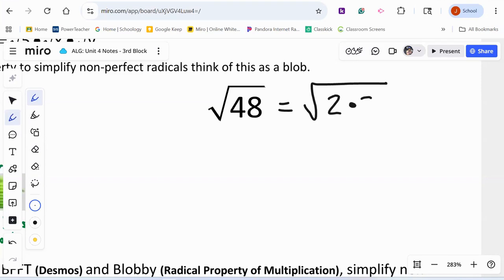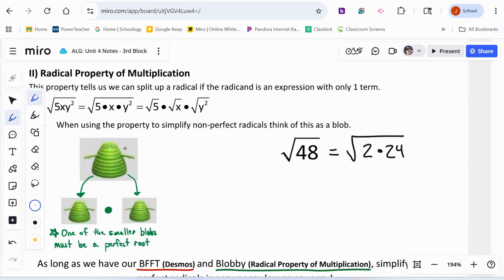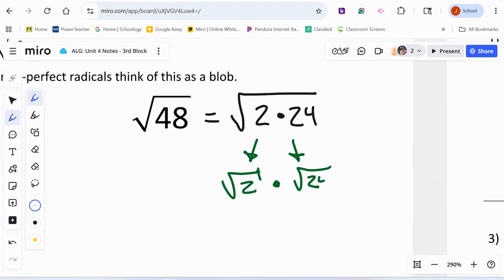And now our Blobby principle, the radical property of multiplication, tells me that I can split this one square root into two square roots. And notice those two square roots are smaller than the one we started with. Square root of 2 and square root of 24 individually are smaller than the square root of 48.